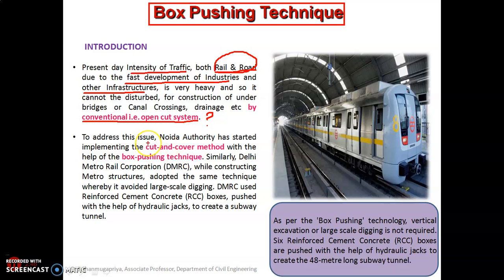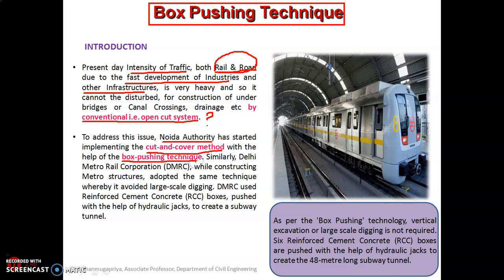To address this sort of issue in our country, the Noida authorities have come up with a method called the cut and cover method. This method is implemented with the help of the technique called box pushing.